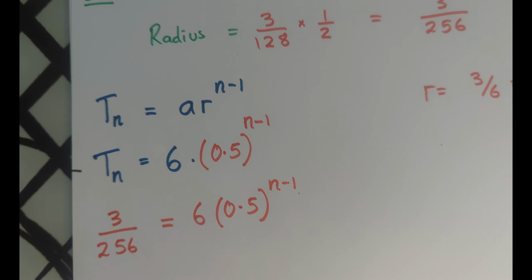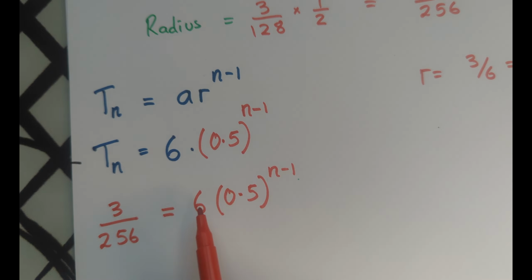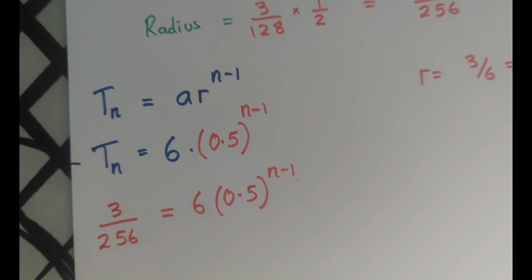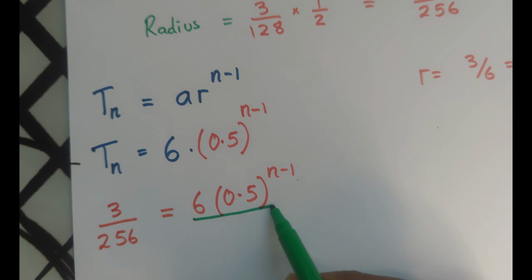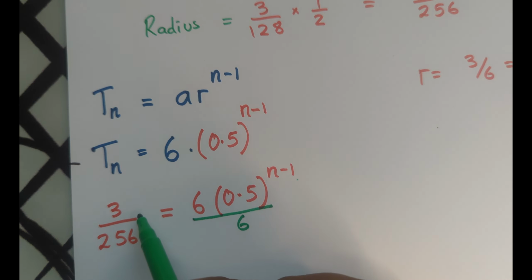And this can be solved in different ways. So let's get rid of this 6 first by dividing both sides by 6. Since we are dividing by a fraction, it is the same as multiplying by 1 over 6.